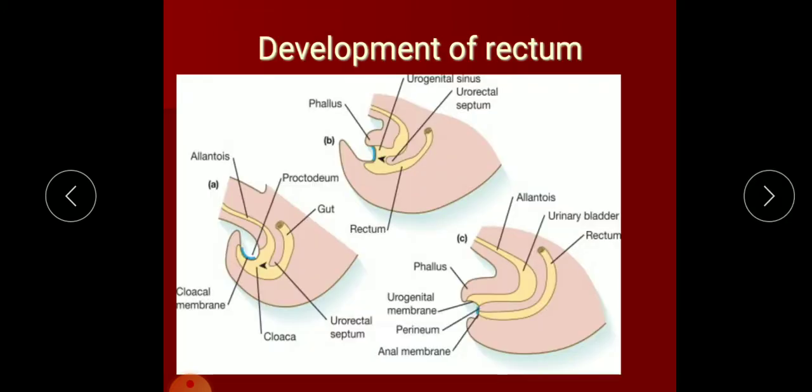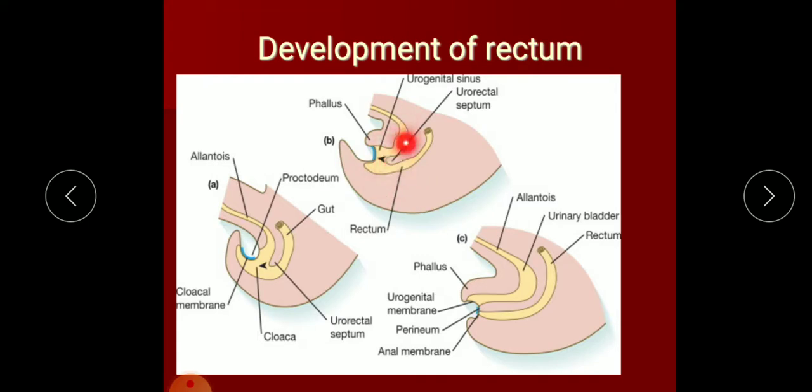Okay. So look at that. You find the allantois. This is the allantois there. You find a urorectal septum developing in between. This urorectal septum will deepen, dividing the cloaca into an anterior part termed the urogenital sinus and a posterior part termed the primitive rectum.